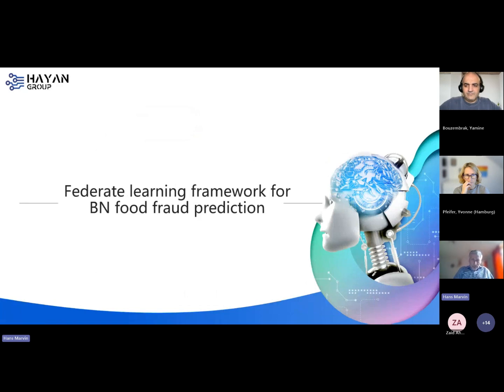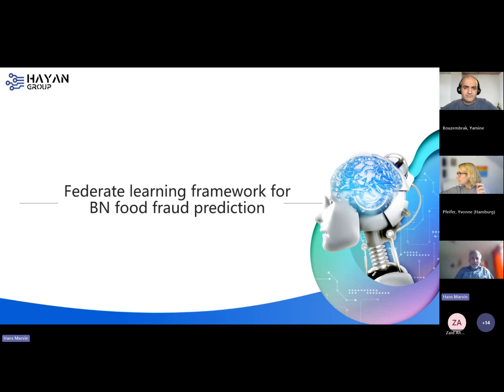Now I would like to discuss with you the federated learning framework, with the example of Bayesian networks for food fraud prediction. The model I showed you was based on open source, publicly available data, although very scattered, so a lot of time is needed to find the data and integrate it. The food safety data came from national programs and also the Rapid Alert System for Food and Feed.